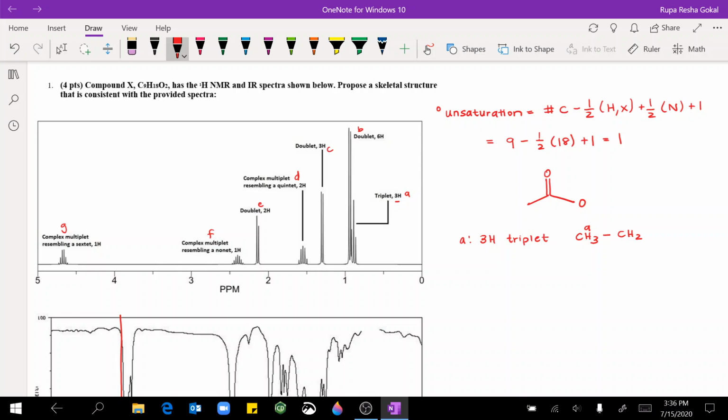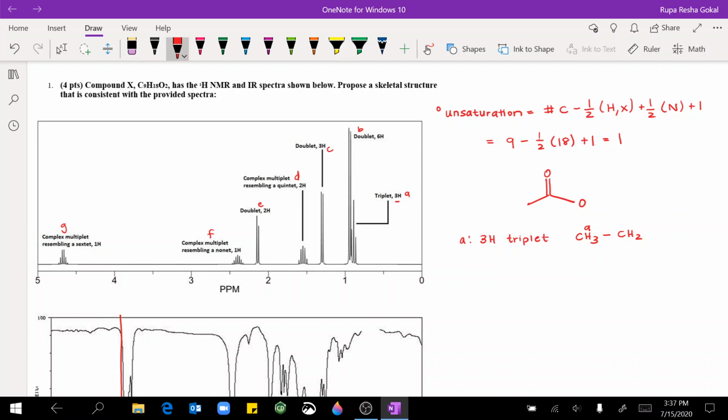I can go hunting for this CH2 and continue building off of this until I can't anymore, or I could just jump over to B and try to keep coming back and remembering that I have this CH2 when I get down to the CH2s. My strategy tends to be that if I've already drawn it and I know it's there, I want to go find it if I can. If I can exclusively tell you which signal here is for the hydrogens of this CH2, I want to go ahead and label it.